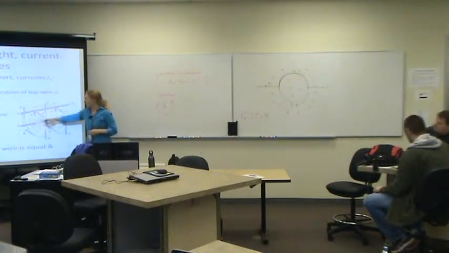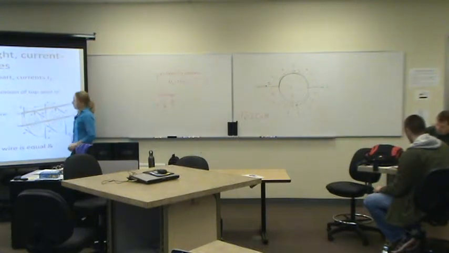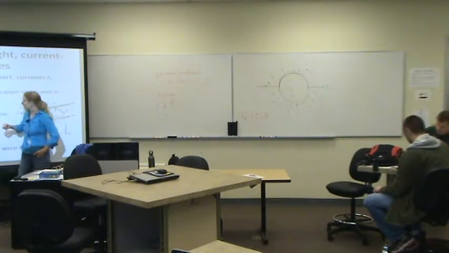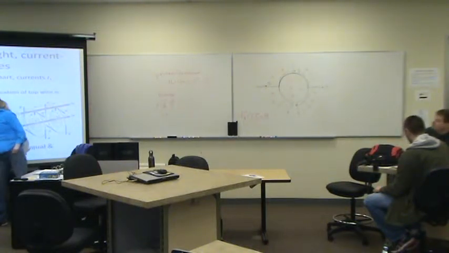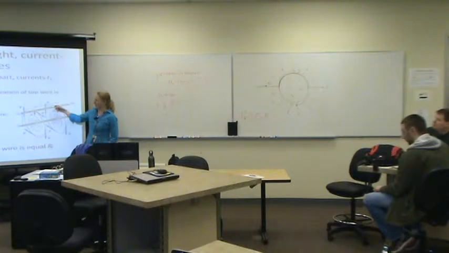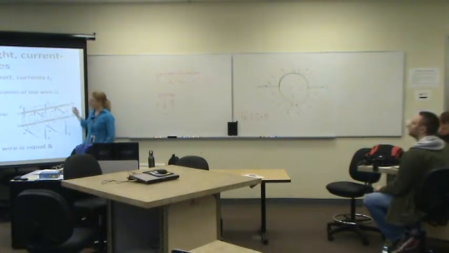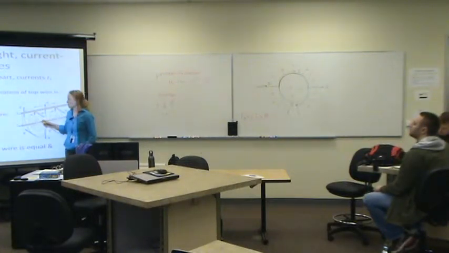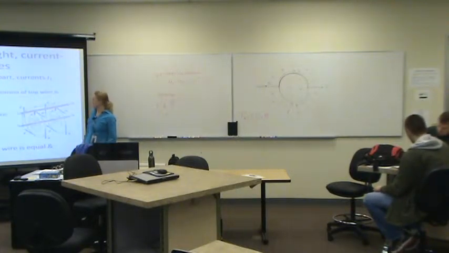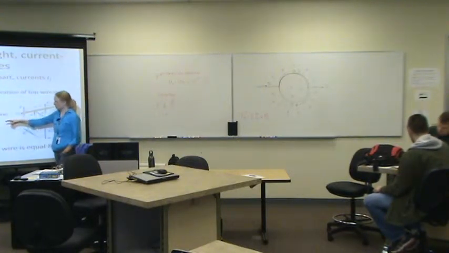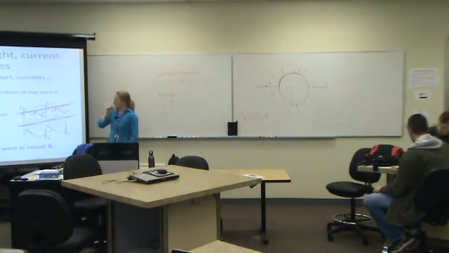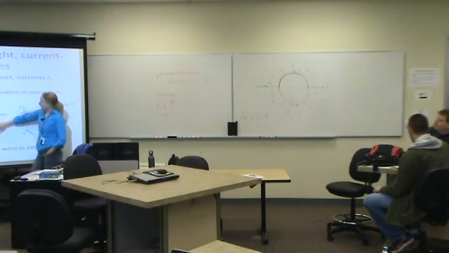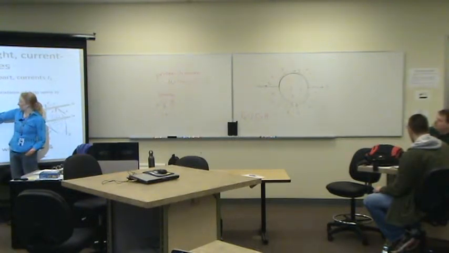So let's find out the value of that force. So the force on the top wire due to the bottom wire is I2, that's the current in the top wire, the length of the wire, crossed with the magnetic field due to the bottom wire. The cross product spits out 90 degrees, so we can drop sine of 90. So we've got I2, the length of the wire, times the magnetic field due to the bottom wire.